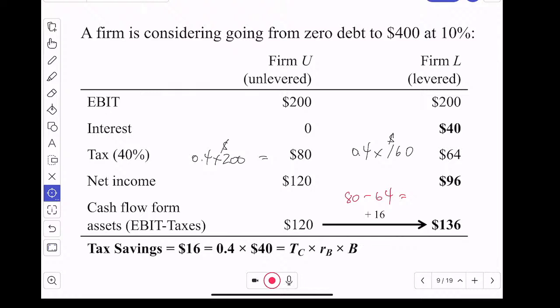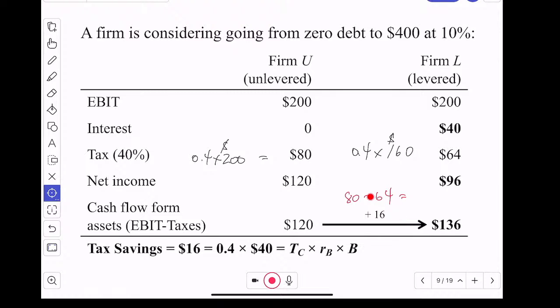So cash flow from assets, earnings before interest and taxes minus taxes would be 120 here, but would be 136 here.